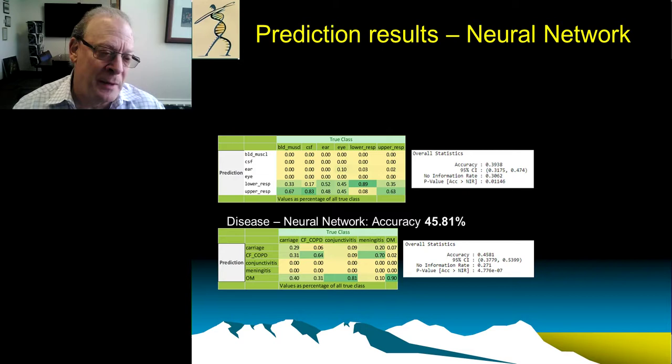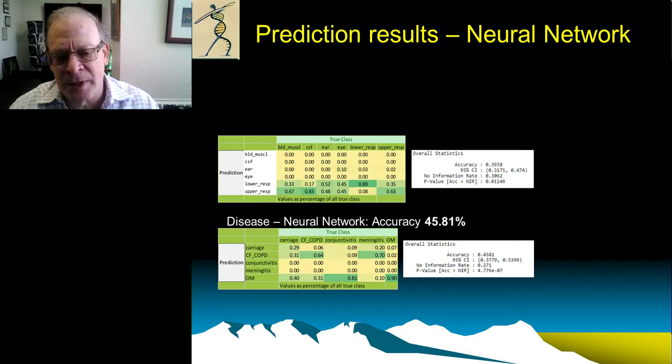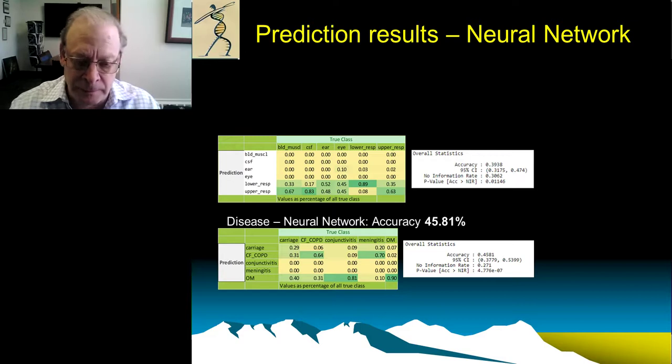So anything over 20% is better than just random. But it wasn't extraordinary. We got a maximum of 45% or 46% using this neural network approach.